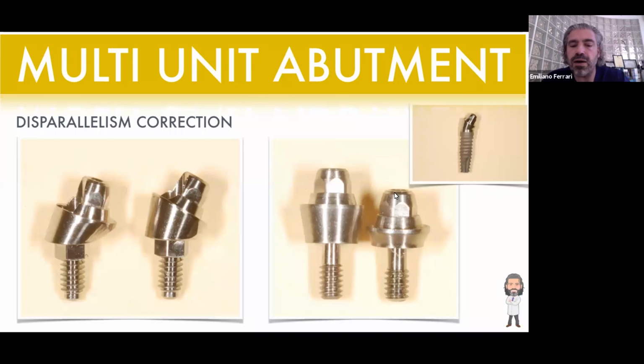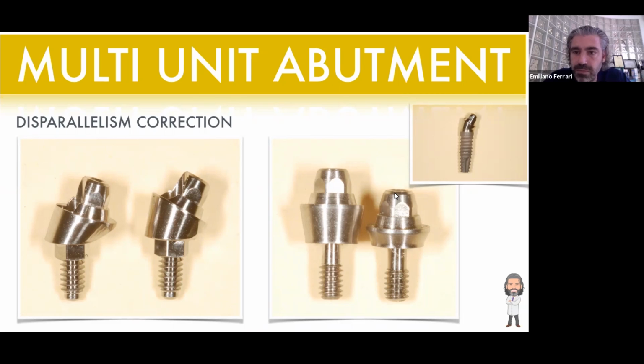So the meaning is to have the same platform connection outside the gum on all implants. But to do that, you have to use two different kinds of multi-unit abutment, straight or angulated.